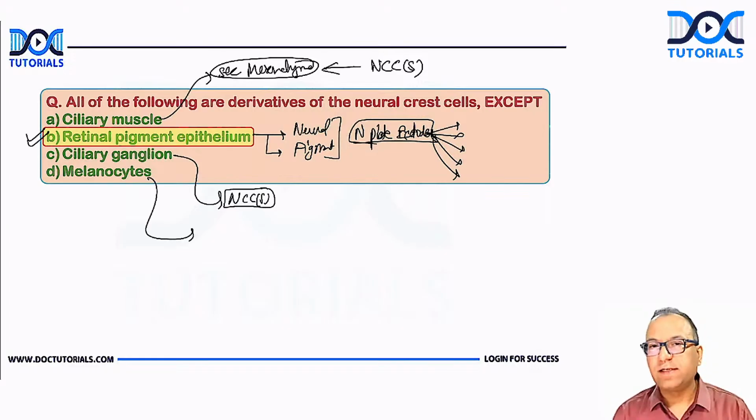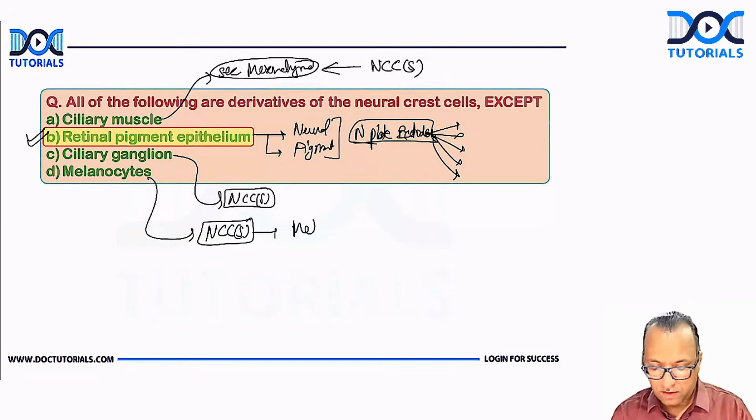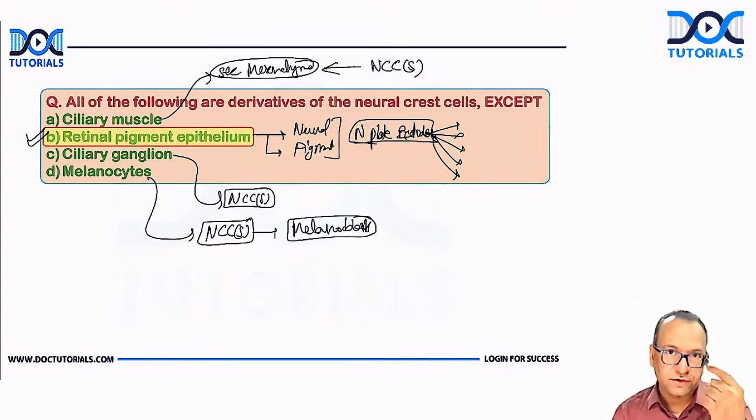Melanocytes, whether in the iris, in the skin epithelium, or in some tissues in the brain, all come from neural crest cell. Neural crest cell forms melanoblasts, which form melanocytes, and the color of the iris is because of that. So everything is from neural crest cell except choice number B. We will keep that answer.